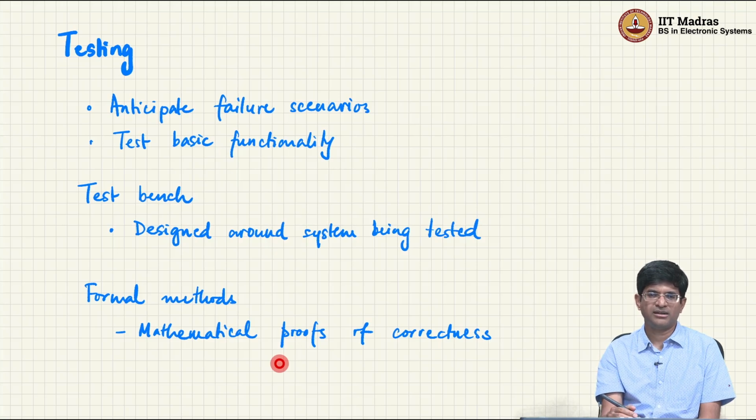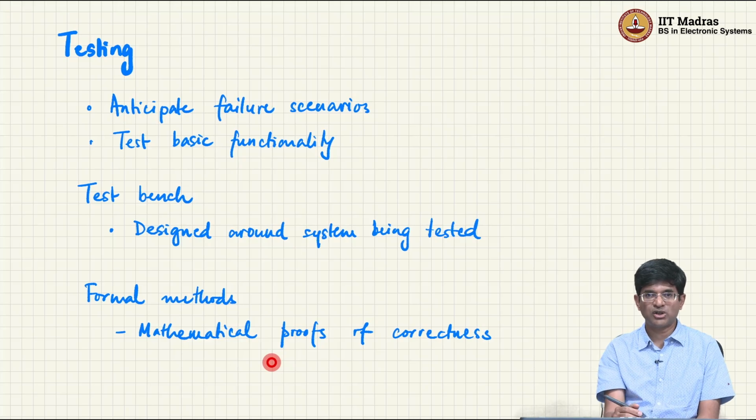And it's been idle for a while, now what happens if enable goes from 0 to 1? What happens if enable goes from 0 to 1 while the load signal is also high? Should I be counting? Should I not be counting? Should I be stationary? Are these things even well defined? You definitely need a way of testing and saying, this is how the system is going to behave even if it has not been properly defined.